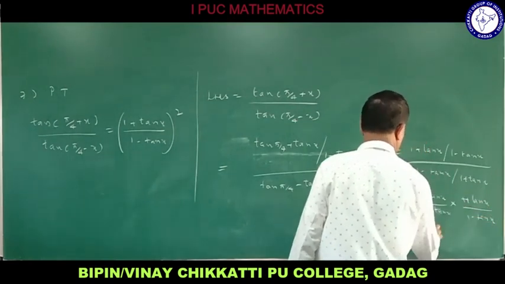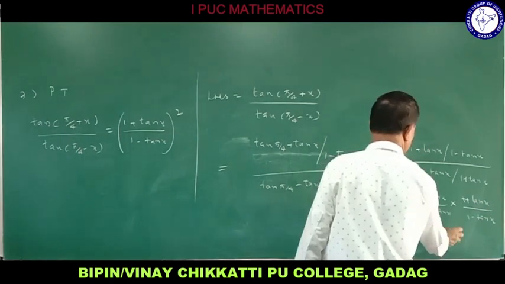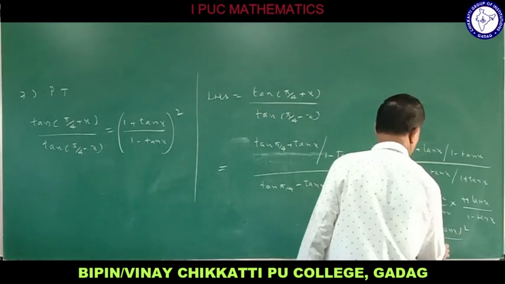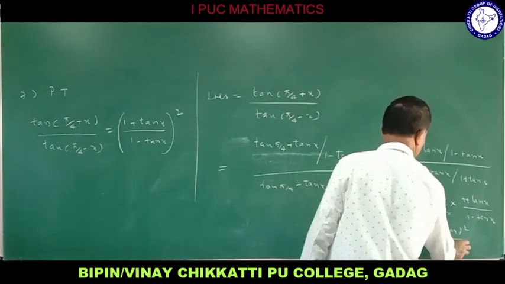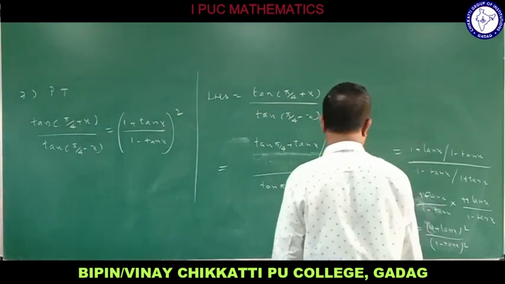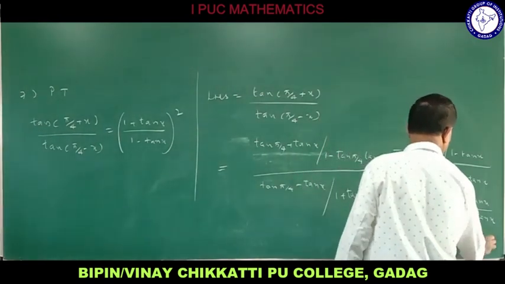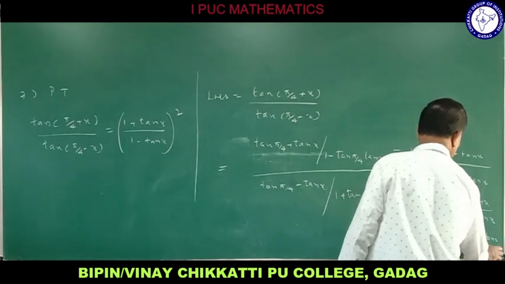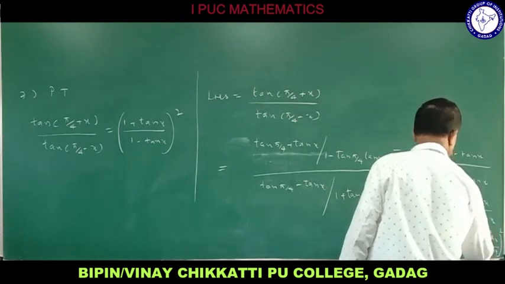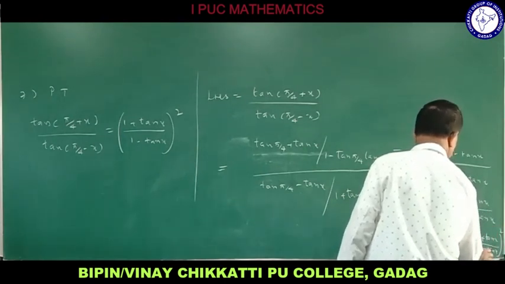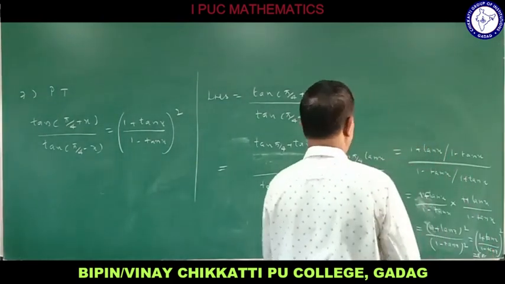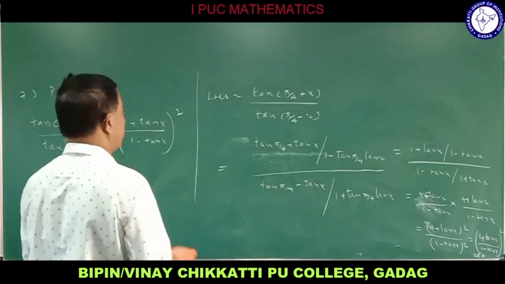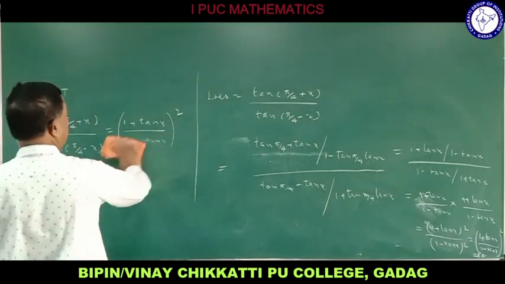So what comes here? 1 plus tan x whole square divided by 1 minus tan x whole square. What is the result to be proved? Yes, 1 plus tan x divided by 1 minus tan x whole square. You have got it. This is RHS. This is the way we prove the result, LHS to RHS. Now problem number 7 is completed.